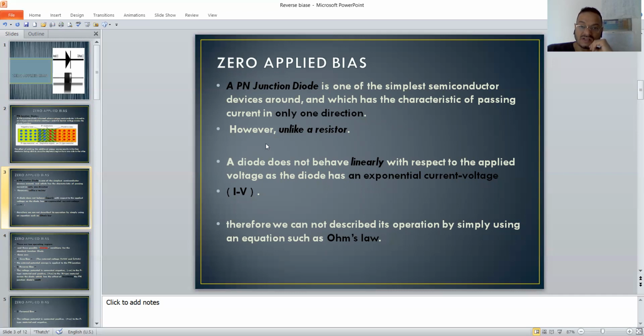Current flows in one direction, like I said in the last slide. However, unlike a resistor, a diode doesn't behave linearly. This is very important. The question is why we can't deal with this phenomenon by using, for example, Ohm's law. Because the diode doesn't behave linearly with respect to the applied voltage, as the diode has an exponential current-voltage relationship.